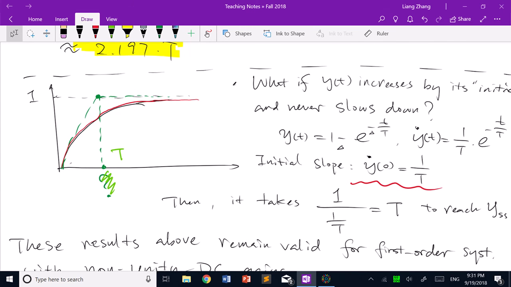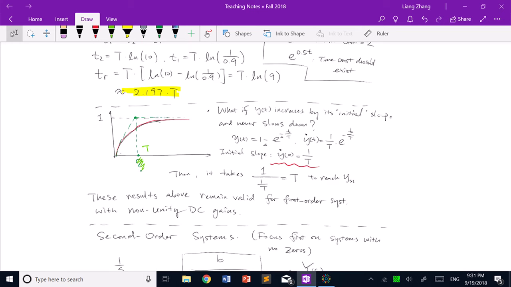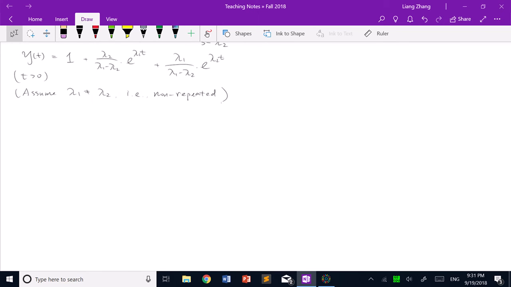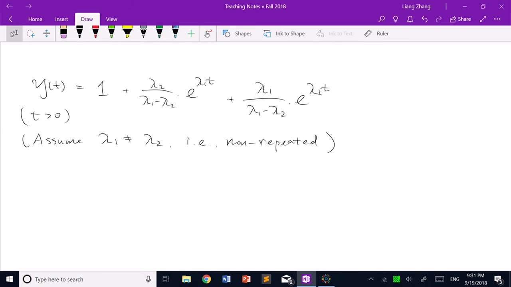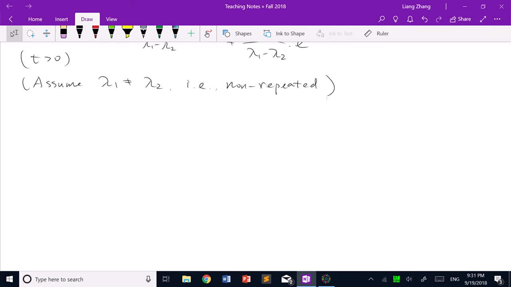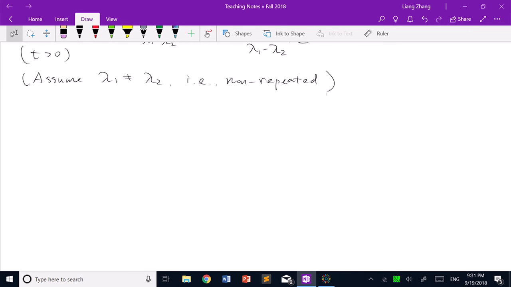Like in the first order system, we can draw this curve easily, just one exponential term. When you have two exponential terms interacting with each other along with that constant 1, how does the response look? There are usually 4 cases. First we define these 4 cases, and then next week we'll go into each of them.